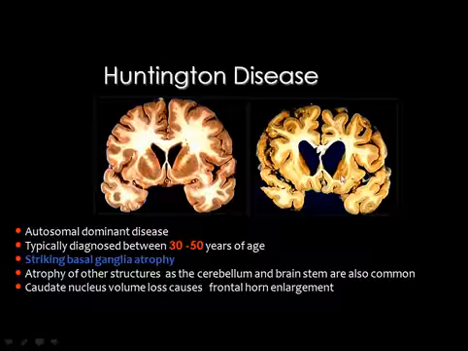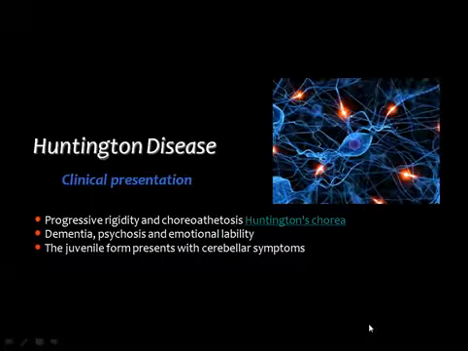And here you can see the atrophic changes with consequent dilatation of the frontal horns of the lateral ventricles. Patients with Huntington disease present with progressive rigidity and abnormal movement, as you remember, what is known as Huntington chorea, with some dementia, psychosis, emotional liabilities.